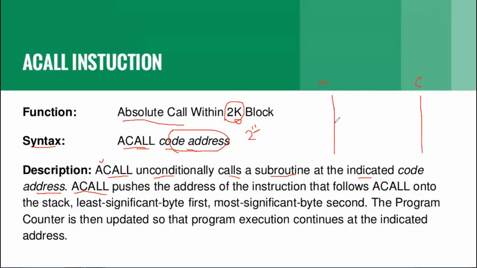This is one line, ACALL, with the starting address of the subroutine's 5 instructions. Say the address of the first instruction is 0000.